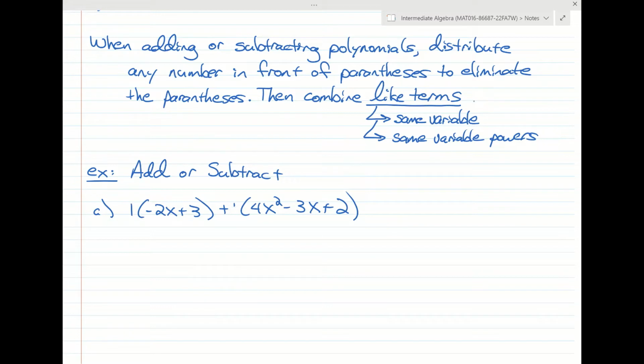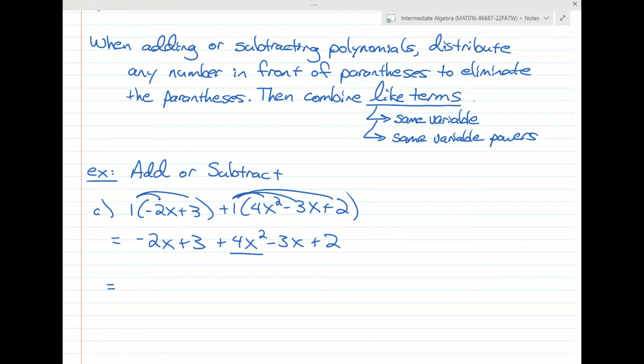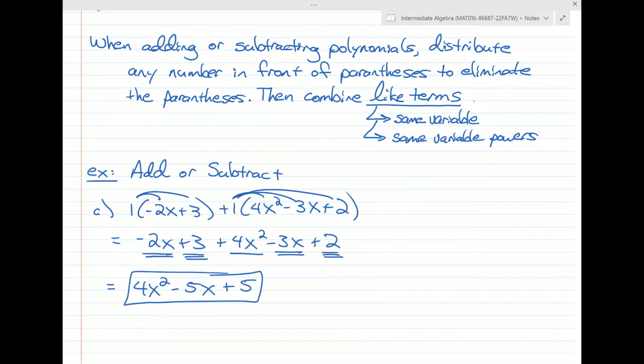I mean, we could always just put a 1 in front and distribute it. That gets rid of the parentheses. So just negative 2x plus 3 plus 4x squared minus 3x plus 2. And then we combine like terms. So we're looking for, this is the only x squared term. These are the x terms. 3 plus 2 is 5. That would be how you do something like that.